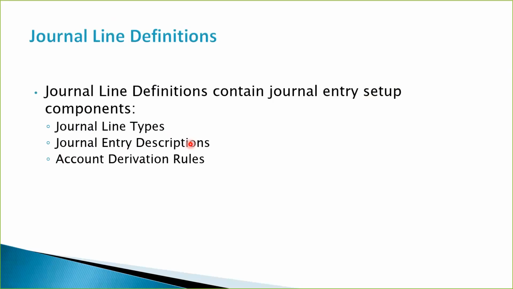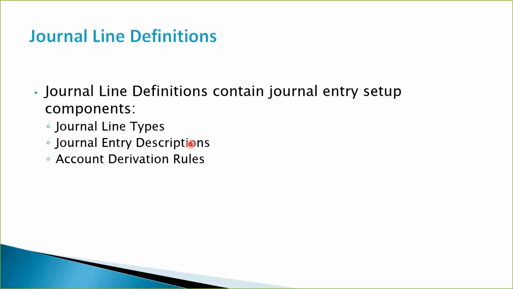The other thing to remember is that journal line definitions are configured around event types. Okay, so the best way to think about it is that this SLA module determines how accounting is created. We create accounting for what? For events or transactions which are entered in the subledger modules.